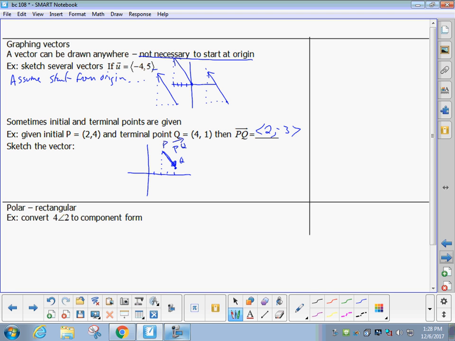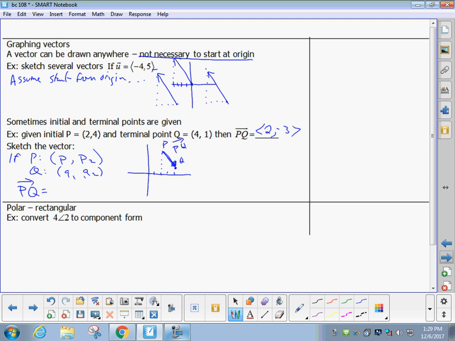In every case, then, generally, if point P is (P1, P2) for its x and y, and point Q is (Q1, Q2) for its x and y, then PQ is found by taking differences.